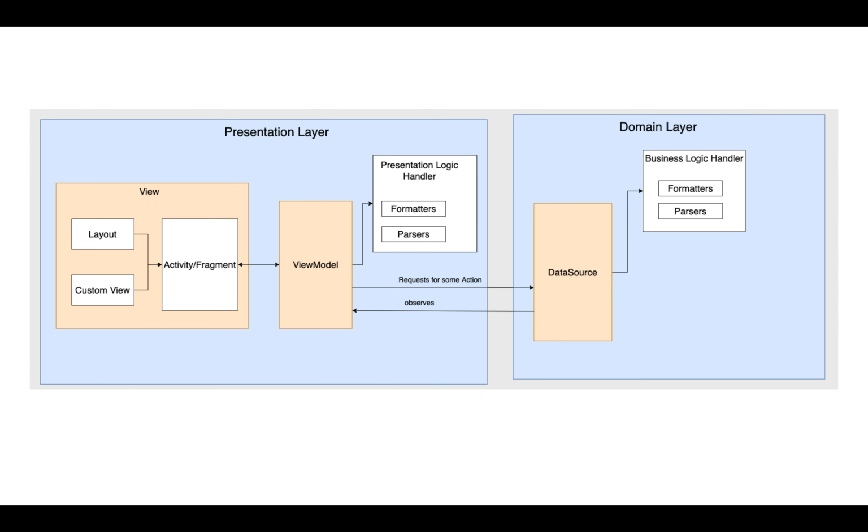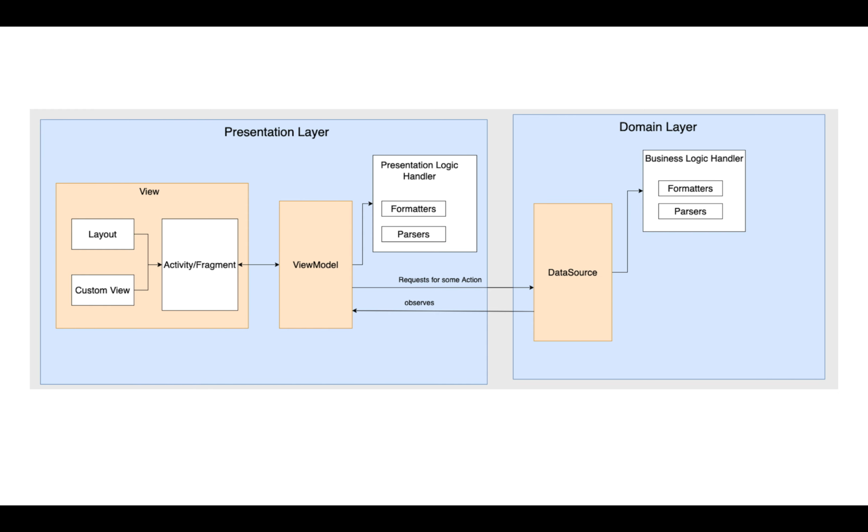Then I moved that code and gave it another name, data source. So that data source becomes part of the domain layer, and my view model will request some action in the data source, and the view model will observe changes of the data source.